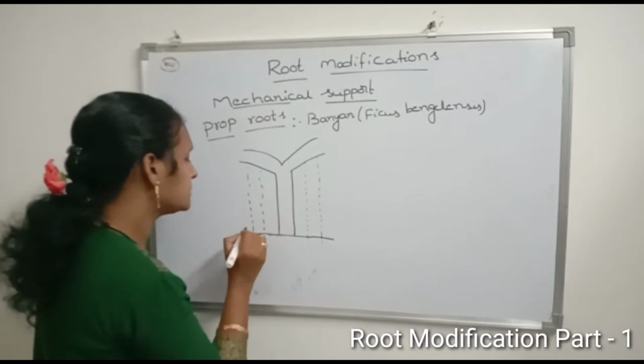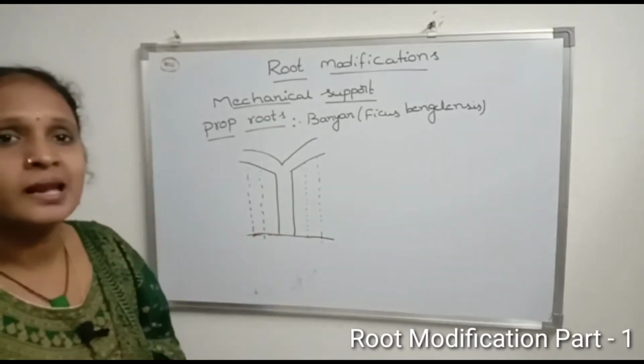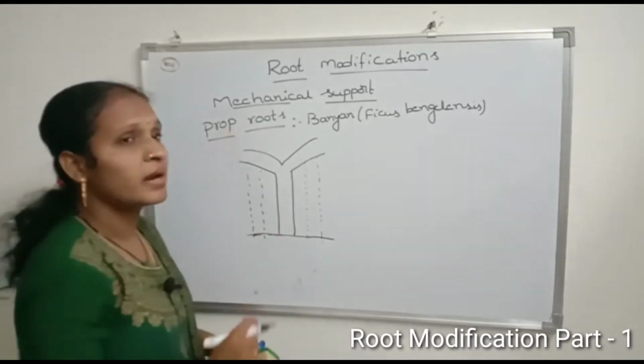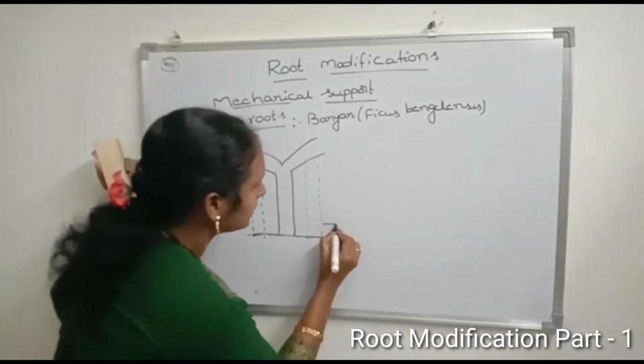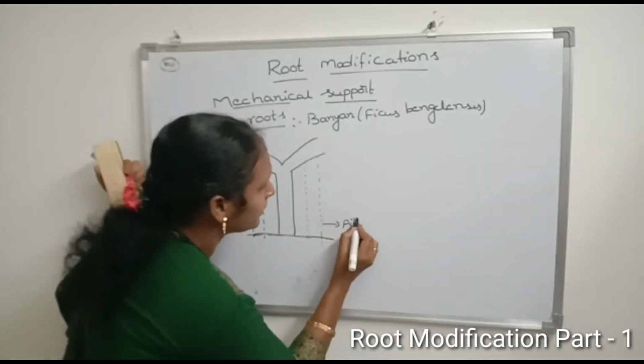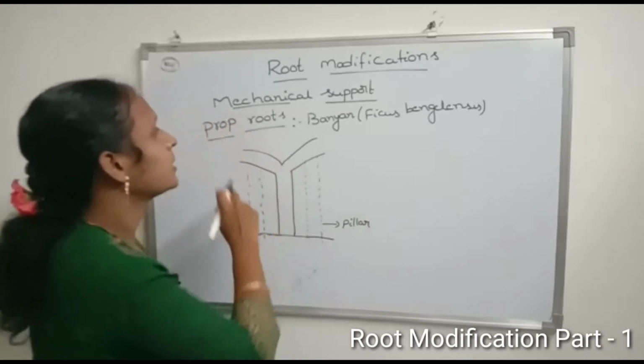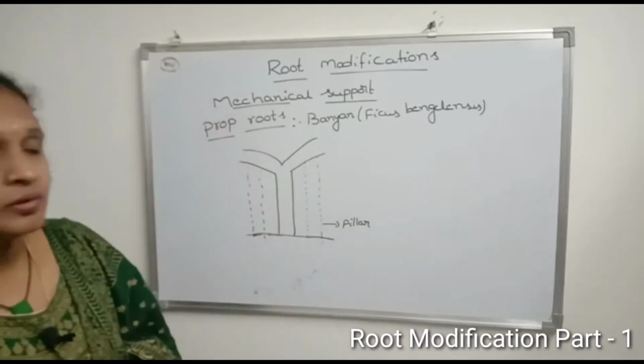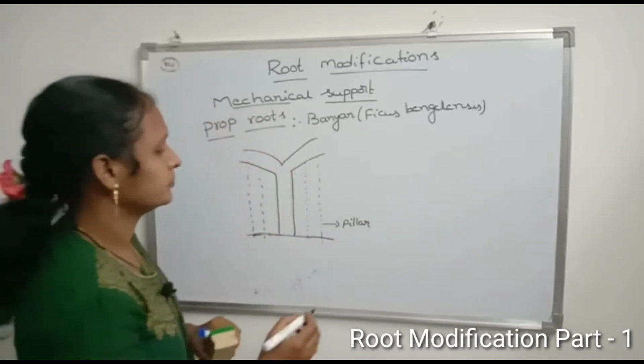These hanging structures give pillar-like support to the plant. They act as pillars and give mechanical support to the banyan tree.